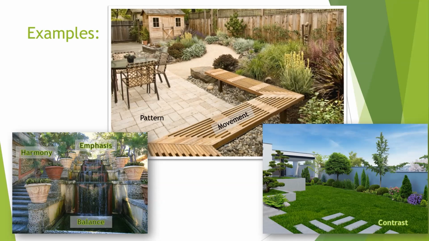This middle picture shows some different patterns. If you were to look at this picture, where does your eye go when you look at that picture? Yeah, it follows that bench and almost points you right to the shed. I would hate to say that the shed is the focal point of this picture, but it is.